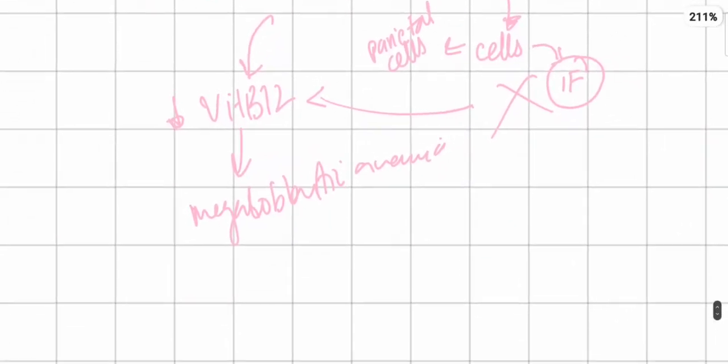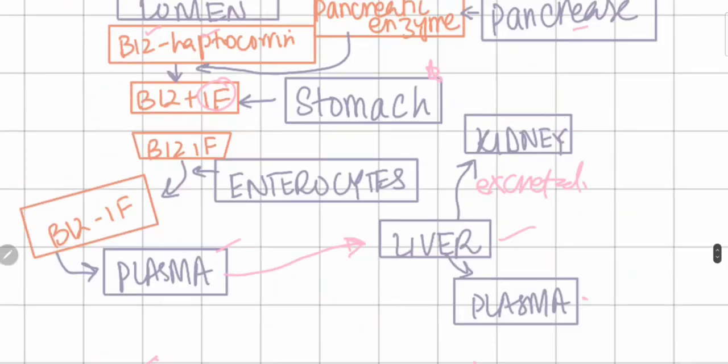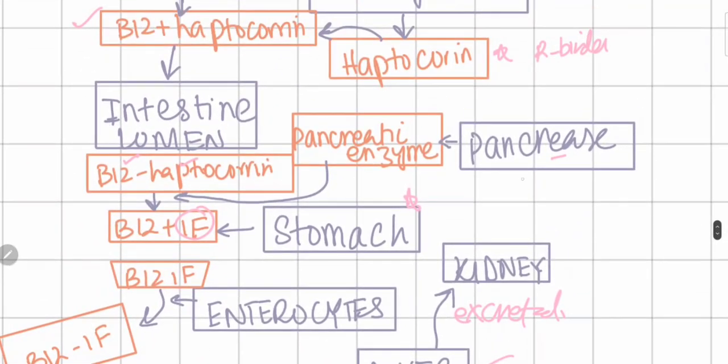Other causes, there could be pancreatic insufficiency, right? And there could be damage to the terminal ileum, right? It could be Crohn's disease. It could be tapeworms. So there are other examples. Why pancreatic insufficiency? You see in the above scene that pancreas is producing an enzyme that is unbinding B12 and haptocorin.